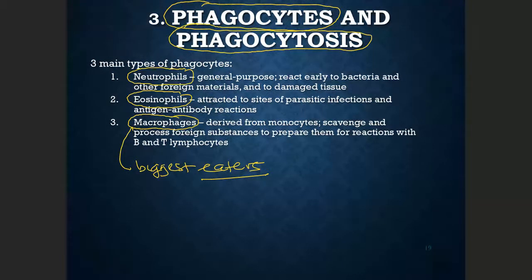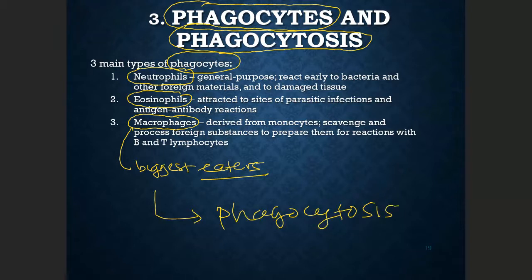So these are the three types of phagocyte in our body. And the process of eating bacteria is called phagocytosis. When you see the "sis" over here, it actually means process.